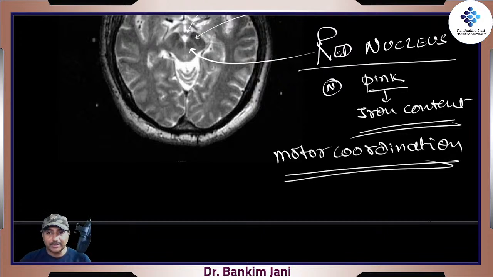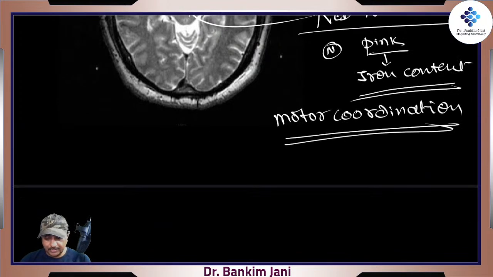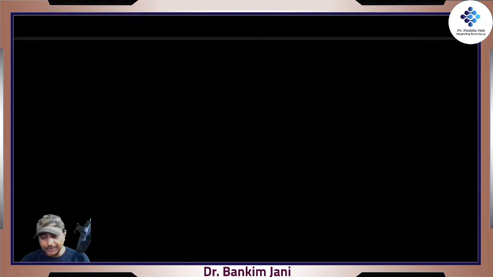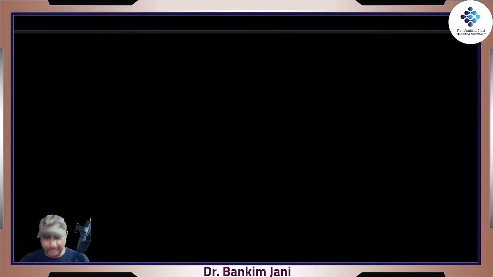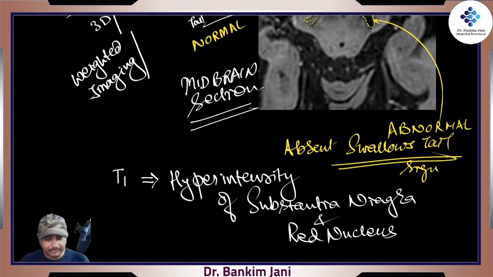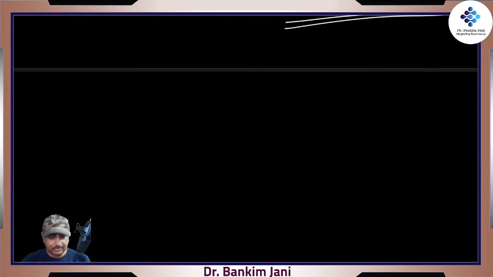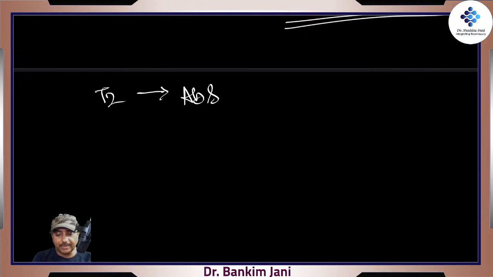So we talked about these signs. Now, apart from this, how does it look in T2? We talked about how it looks in T1. In T2, its appearance is just a one liner: absent swallow tail. This is absent swallow tail.